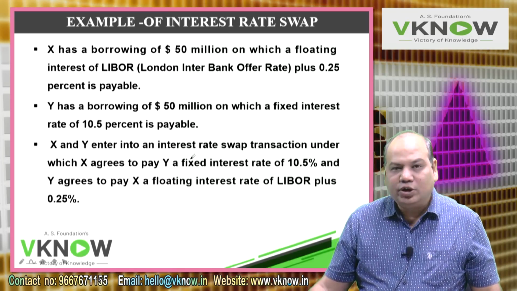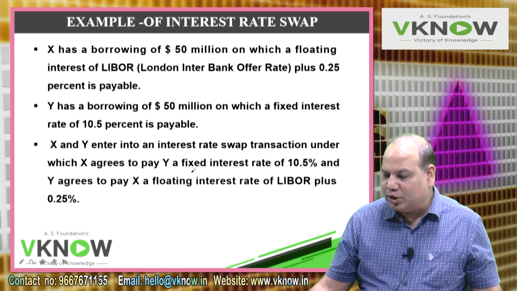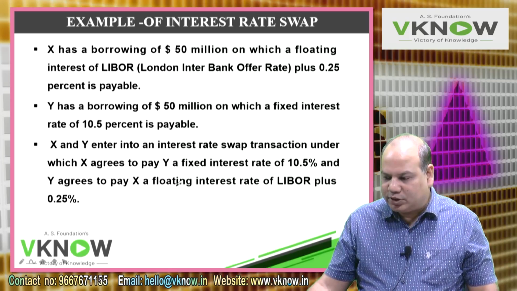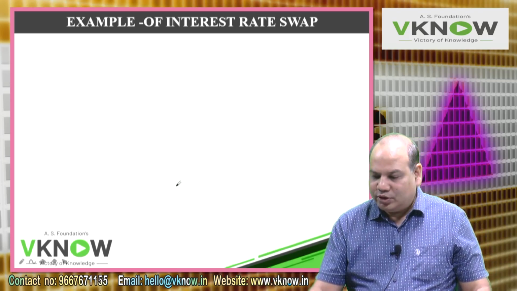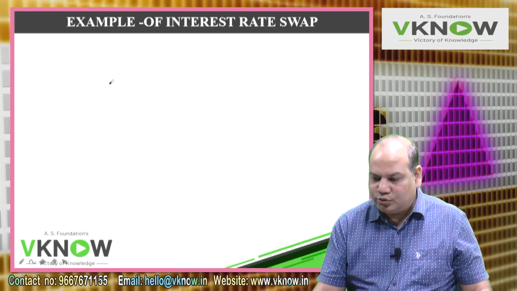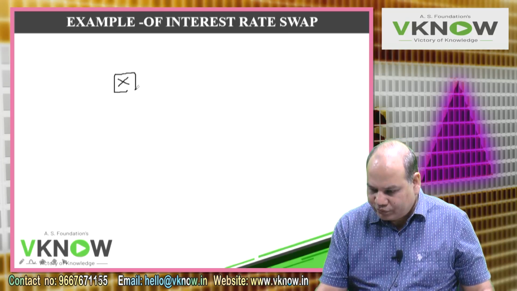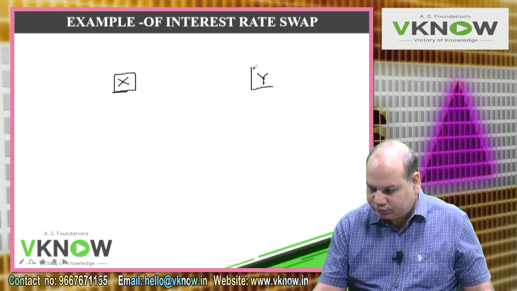X and Y enter into an interest rate swap transaction under which X agrees to pay to Y fixed interest of 10.5% and Y agrees to pay to X a floating rate of LIBOR plus 0.25%, and this way they are able to convert their interest obligation from fixed to floating and from floating to fixed. So this is X, this is Y.